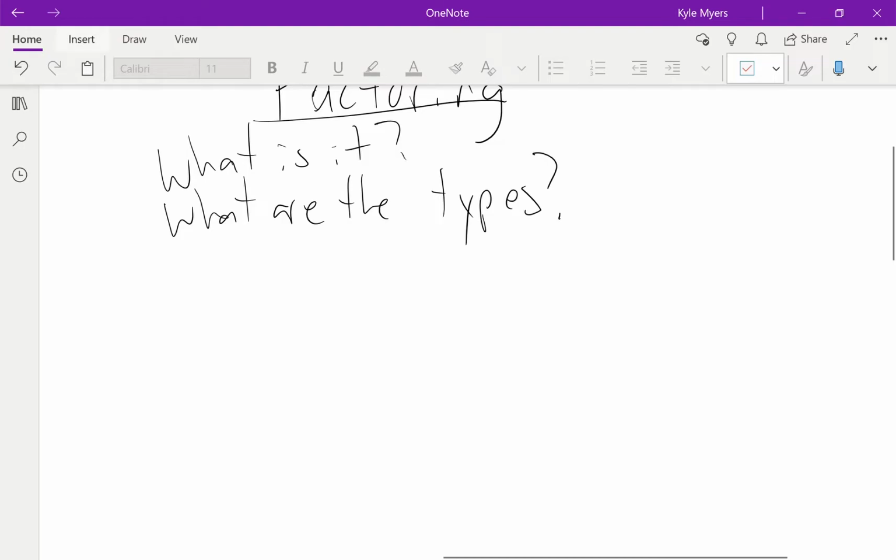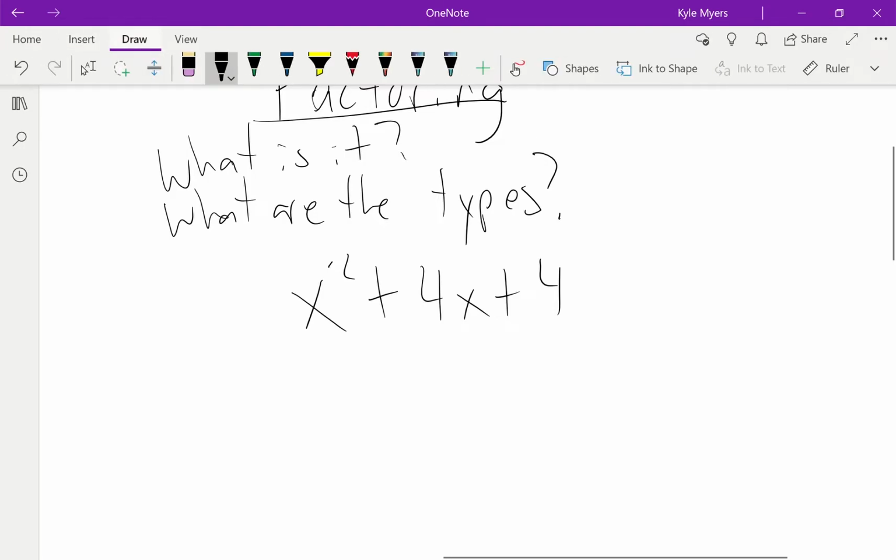You've probably been thinking of factoring as, you might have an example like this. Let's say you have x squared plus 4x plus 4, right? So let me change over, use green here.